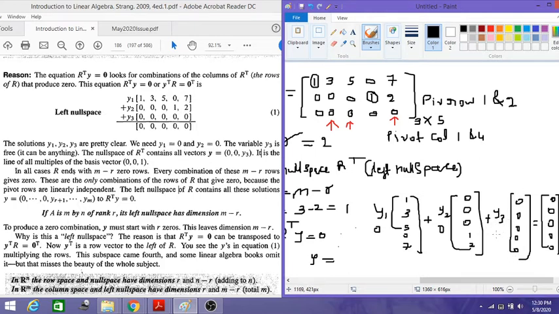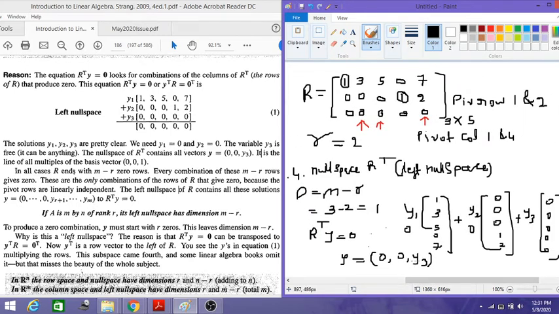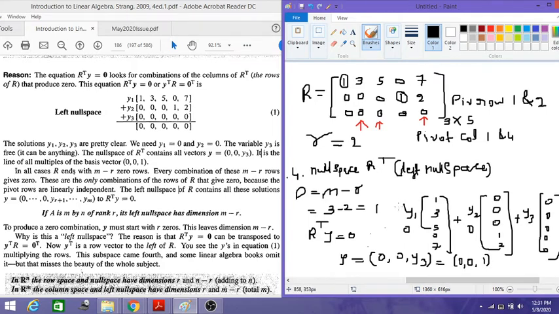Therefore the solution for this case is 0 0 y3. The special solution for this case is 0 0 y3, and for example we can take y3 as 1, then the basis of this vector is given as 0 comma 0 comma 1. So this forms the basis for the null space of R transpose.